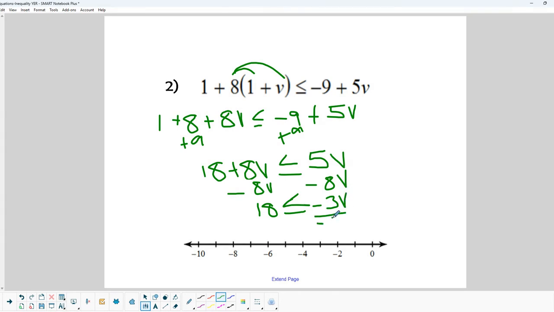Divide by negative 3. 18 divided by negative 3. We have to flip the arrow again, don't we? So over here when we write our solution, the arrow goes the other way. And we'll have v. And 18 divided by negative 3 is negative 6.